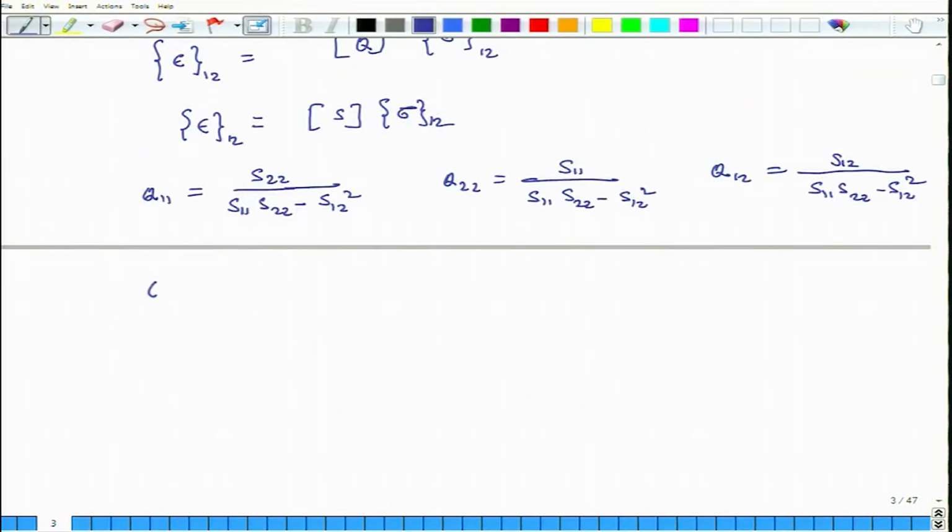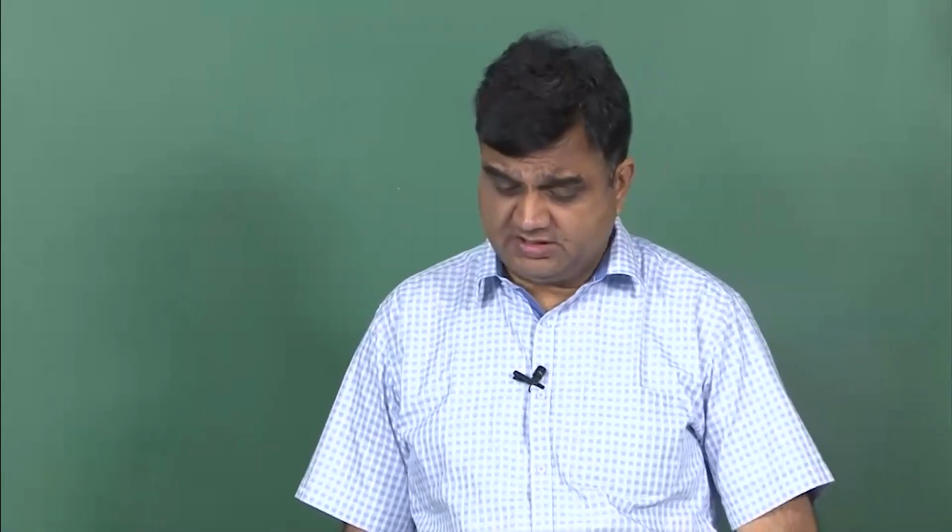And finally, we can say that Q66 is equal to 1 over S66. So these are the relationships between Q and the S matrices. Q is the stiffness matrix and S is the compliance matrix.